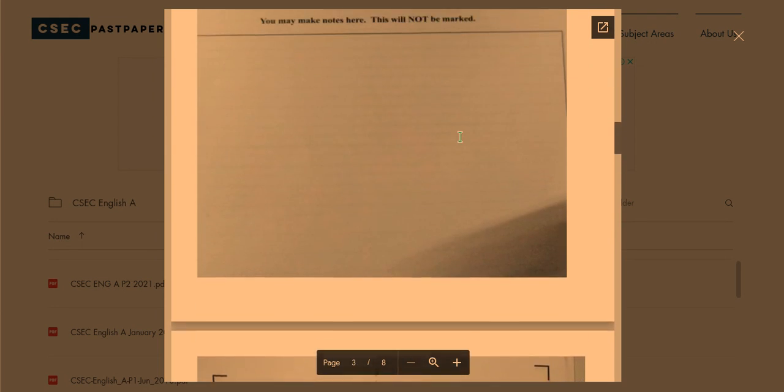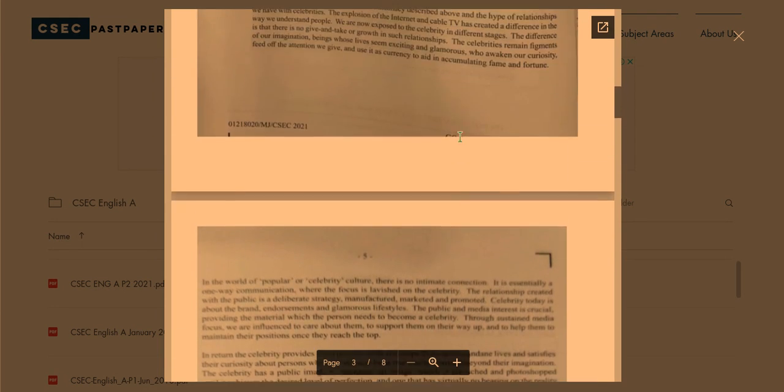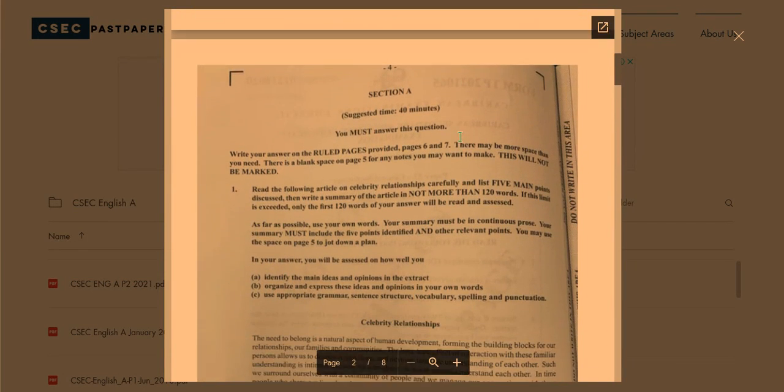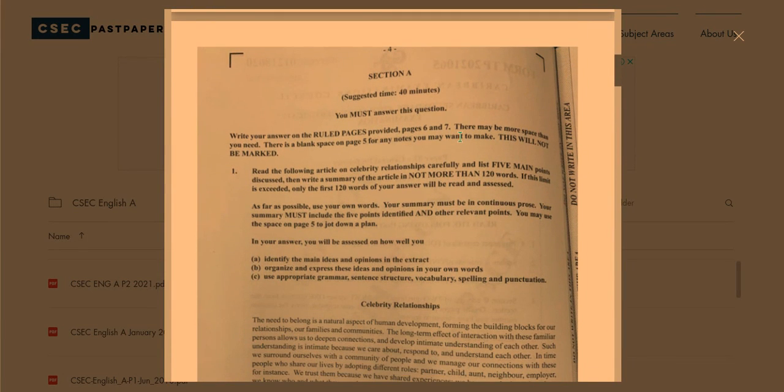There is a specific part of the paper that asks you to write the summary. So in writing the summary, you are going to use your 5 main points. You are going to rephrase as much as possible, and you are going to include other main points that were discussed in the summary to be able to produce a succinct, a very concise piece of 120 words.